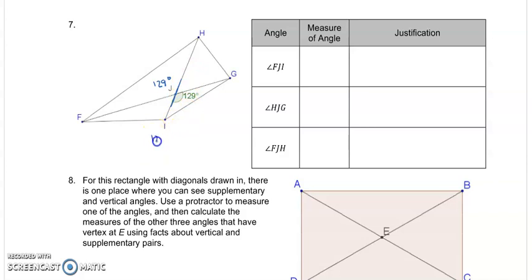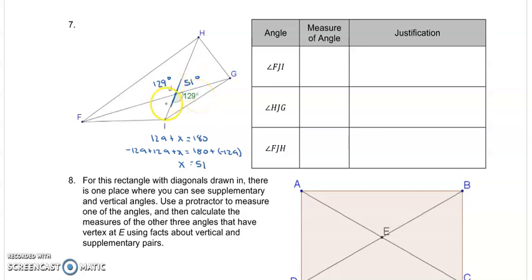So we can set up an equation: 129 plus x equals 180. Subtract 129 from each side, and we get x equals 51. So we find out that this angle is 51 degrees because it's supplementary to the given angle.